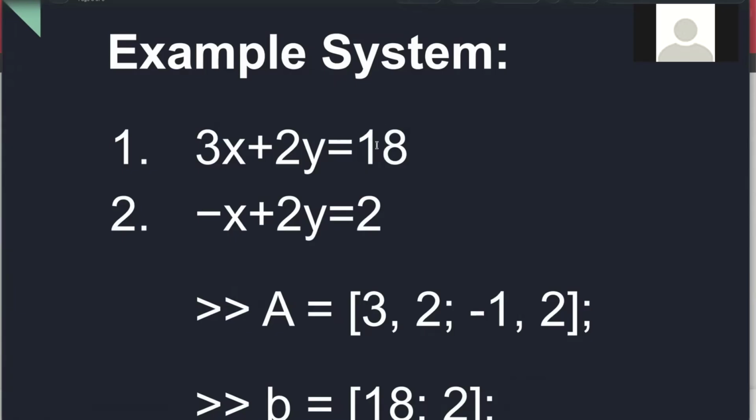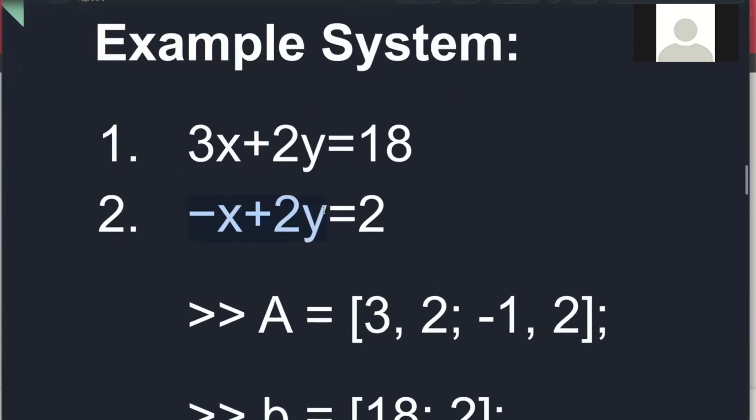We would want it separated out on the right-hand side. And same for the other equation. Okay. And then you have 3x plus 2y, and you have negative x plus 2y. And so the coefficients, what we call the coefficient matrix, would be you have a 3, you have a 2. So the top row would be 3 comma 2. And then for the second equation, you have negative x, so the coefficient negative 1.